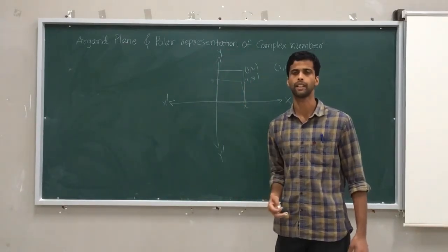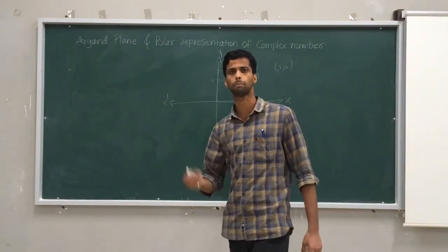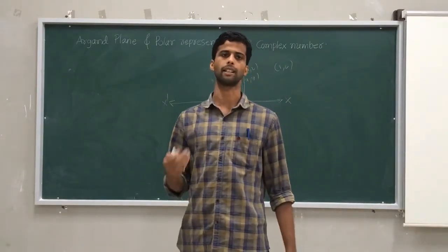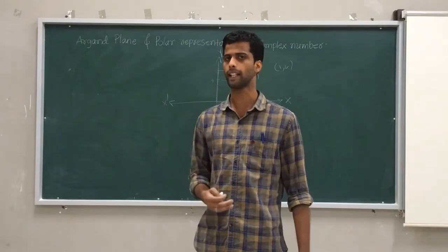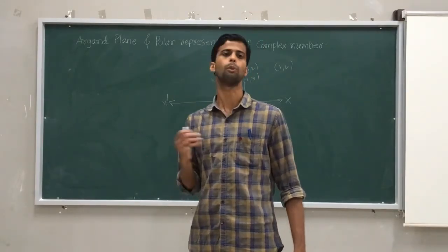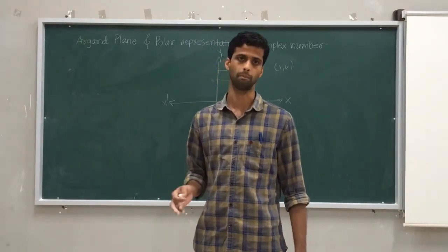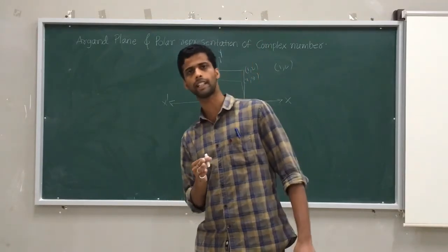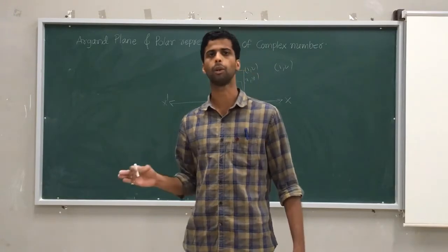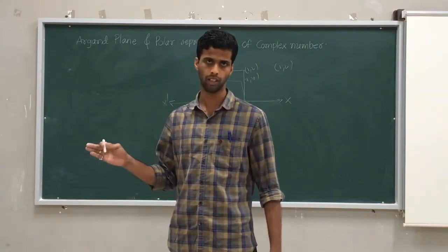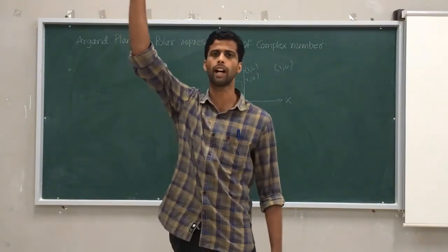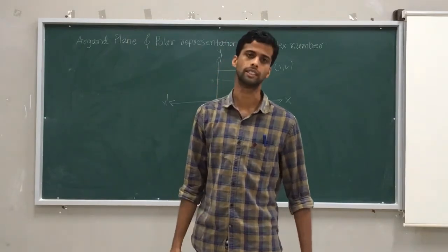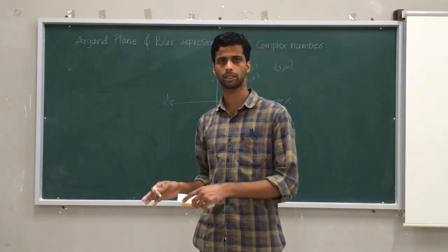The plane having each of its points as a complex number is called Argand plane. The points on the x-axis are of the form a plus i0, whereas points on the y-axis are of the form 0 plus ib in the complex plane.